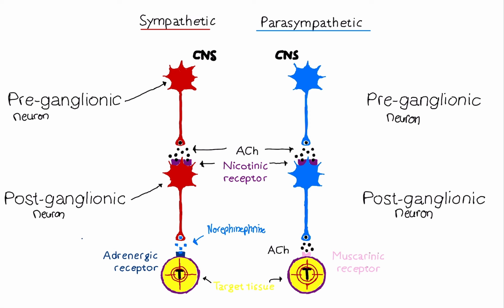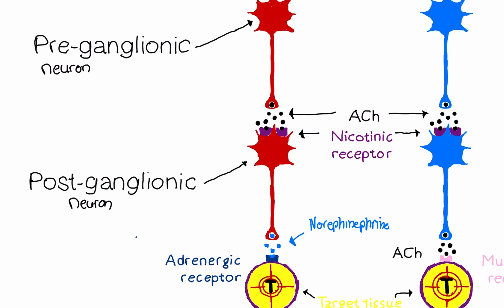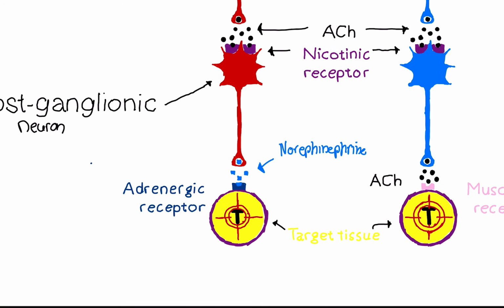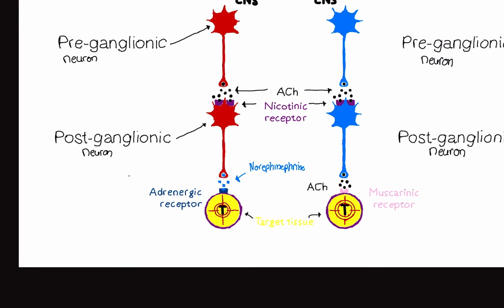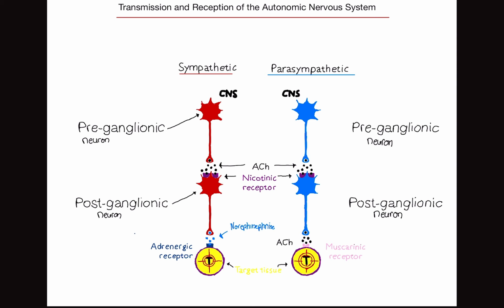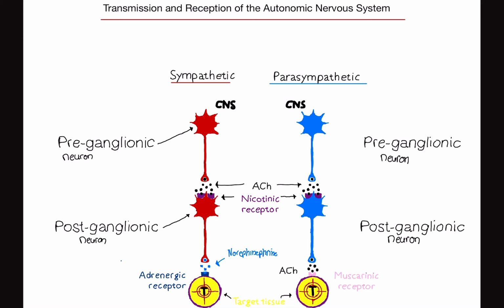The postganglionic both have nicotinic receptors. The difference is that the postganglionic, when it approaches its target tissue or organ, secretes norepinephrine instead, and it binds to adrenergic receptors, not muscarinic. There are usually midterm questions on this specific pathway, and you need to know the difference between muscarinic, adrenergic receptors, norepinephrine, acetylcholine, and nicotinic. I hope you found this video helpful, and if you did, please like and subscribe.